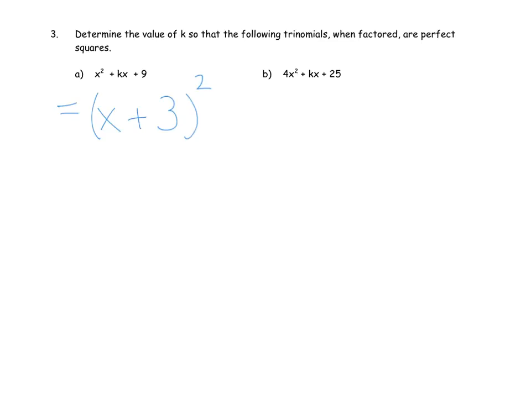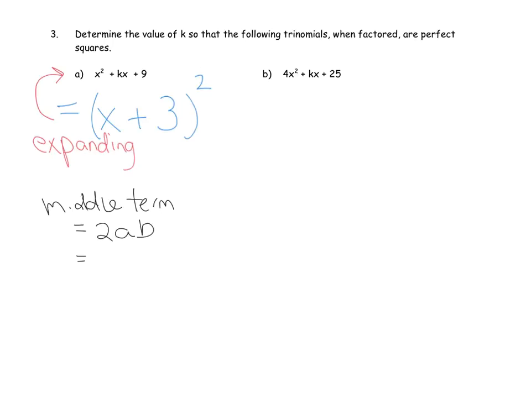Okay, now in terms of thinking about what k would be, of course, if we were going the other direction, if we were expanding, we know from earlier this unit that to find that middle term, we would multiply these two together, so that gives us 3x, and then we would double it, right? It's that 2ab, if you like, that middle term equals 2ab.